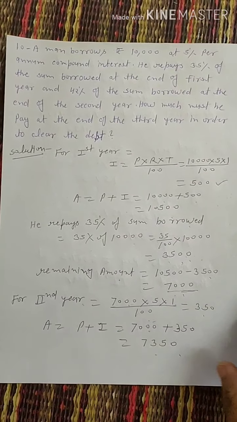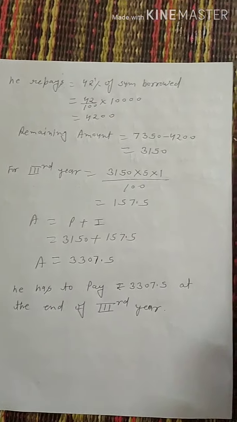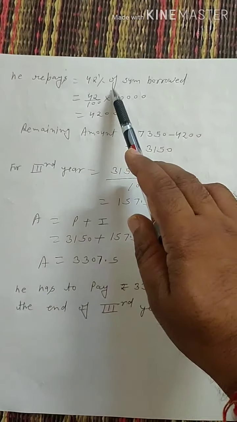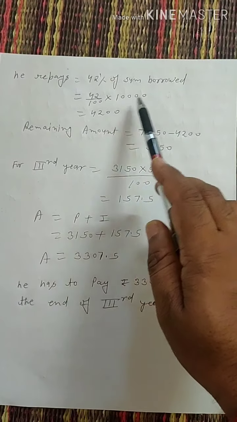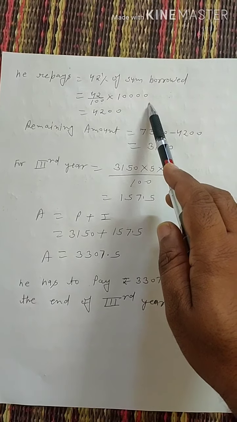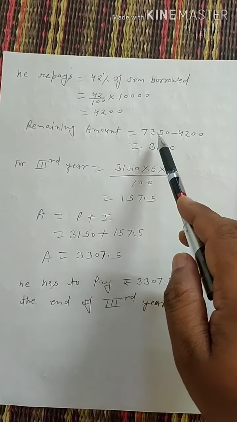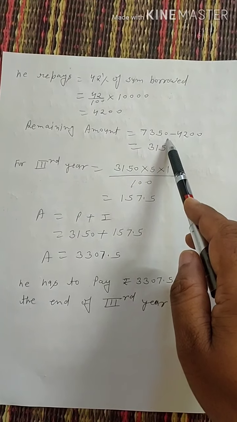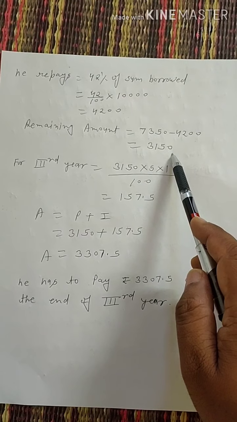Okay. Now this 7,350 amount, and the second condition is given, he repays 42% of the sum borrowed. So 42% of the sum borrowed 10,000, so 4,200. Now again the remaining amount will be the previous amount 7,350 minus 4,200 is equal to 3,150.